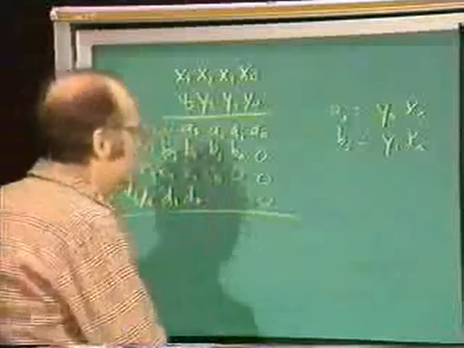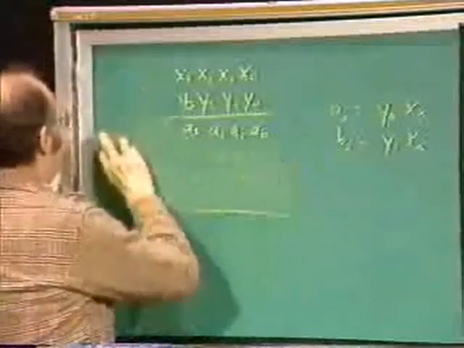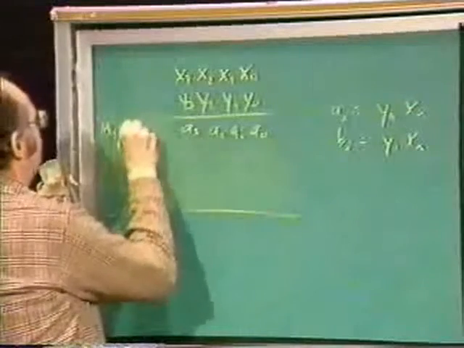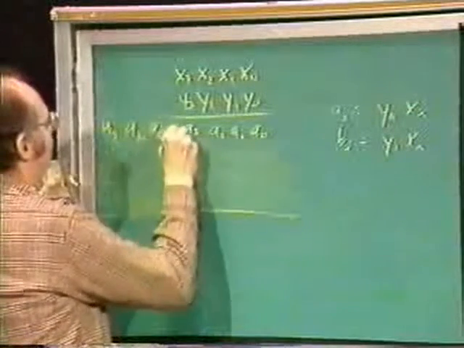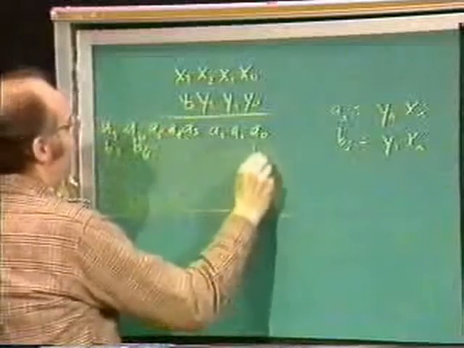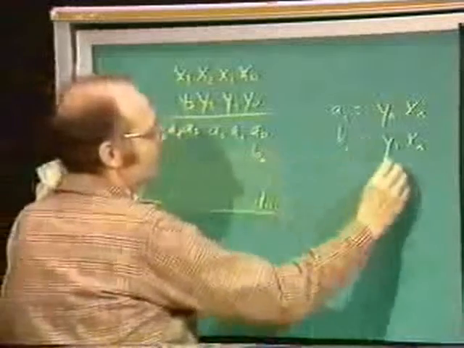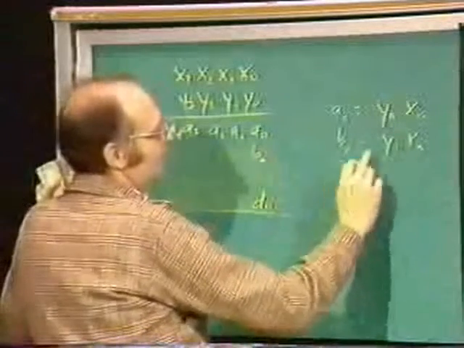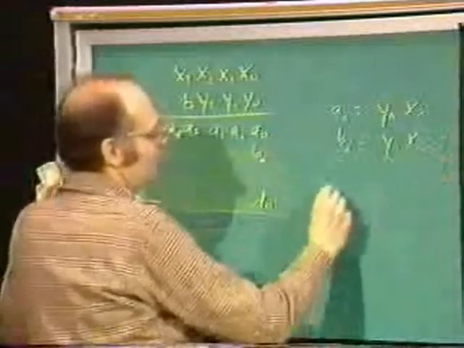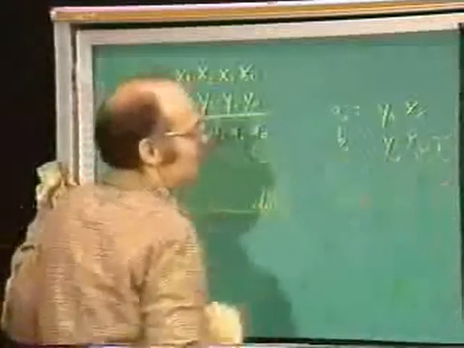Let me change that notation then. A7, A6, A5, A4, B7, B6, B0, B7 to B0, and this is Bi equals this and xi minus 1, and so on, plus i minus 1.